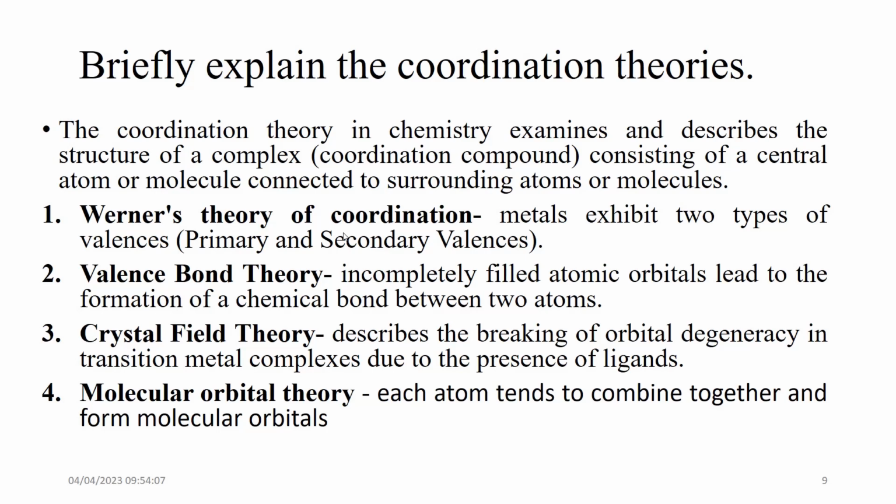For example, if we are talking about iron 3, the primary valence could be 3, because the combining power of iron 3 is 3. So the primary valence is accounted for by ionization. Okay, we have secondary valences. The secondary valences are non-ionizable, and they are accounted for by the empty orbitals.